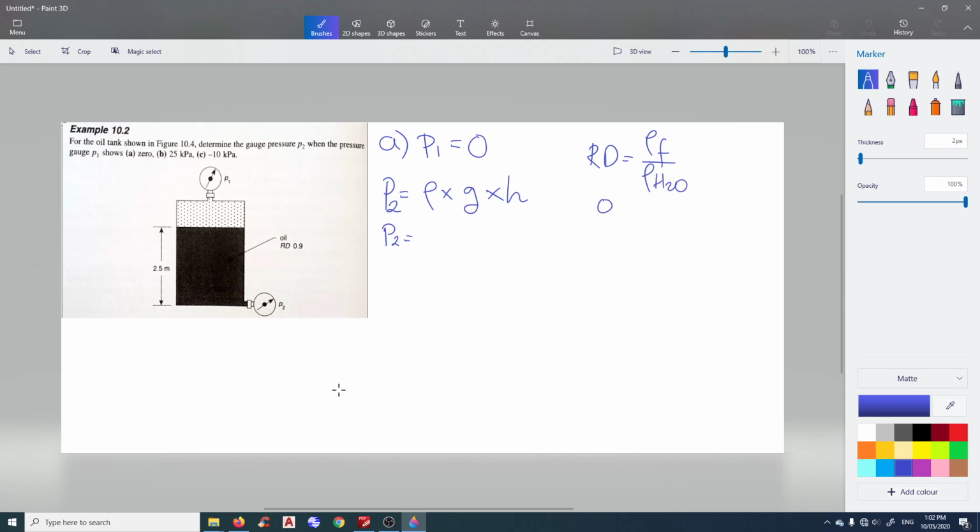So if we have 0.9 relative density, density of water is always 1000. So the density of the fluid is 0.9 multiplied by 1000, which is 900. In this case, the density of the oil is 900.